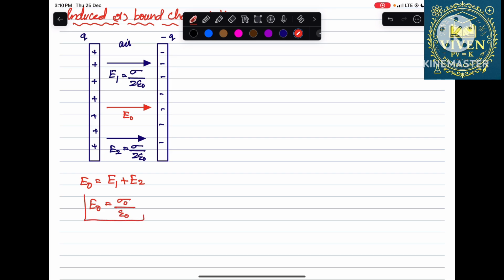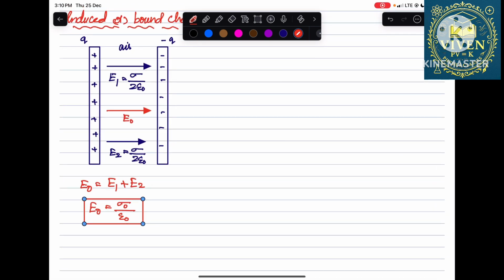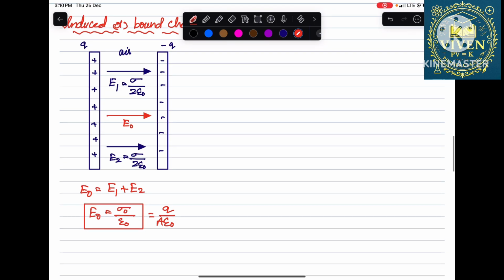Sigma naught I can consider as the initial induced surface charge density. This can also be written in short as Q by A epsilon naught, since sigma naught is equal to Q by A, the surface charge density. So in this way I can do. So now what if I place a dielectric between these two?